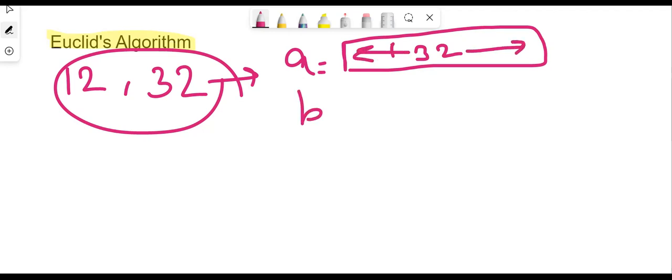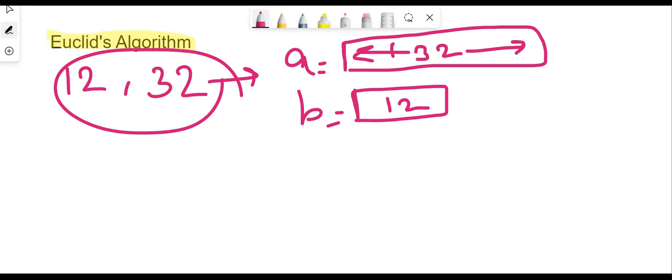And we have B as 12. This is obviously the smaller part, right? Now I want to see what the common factors are.